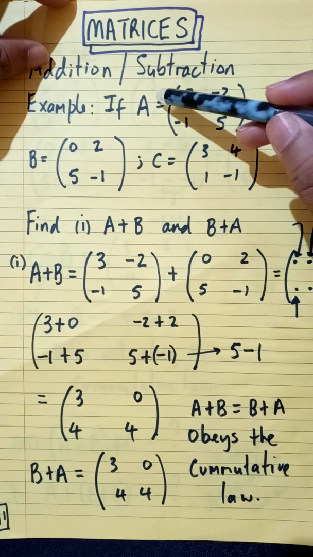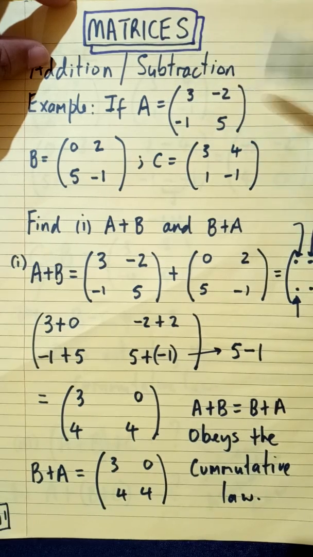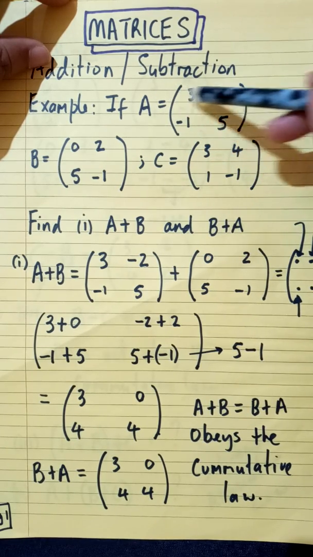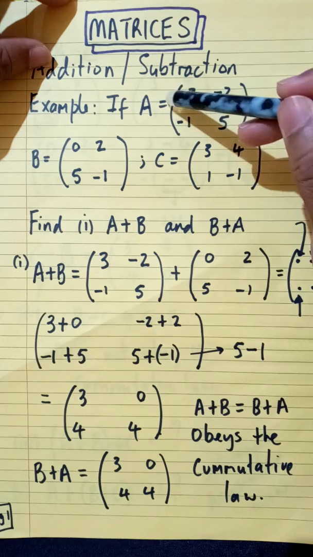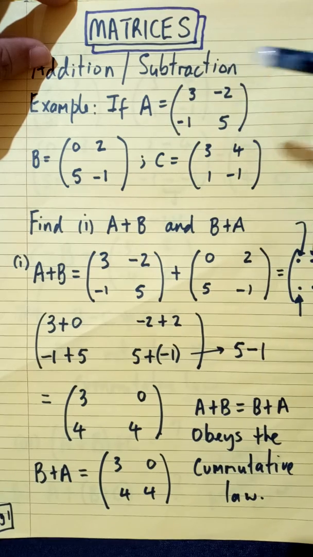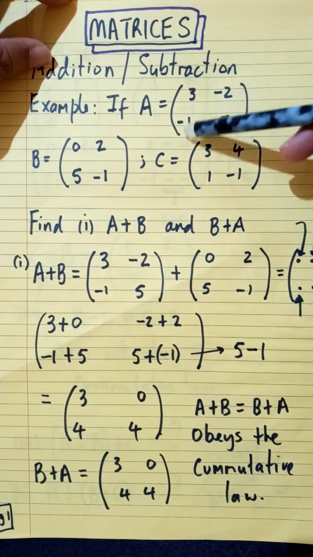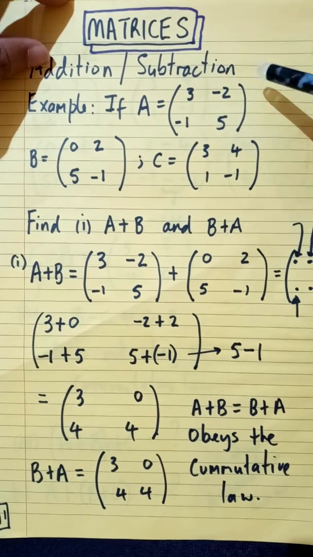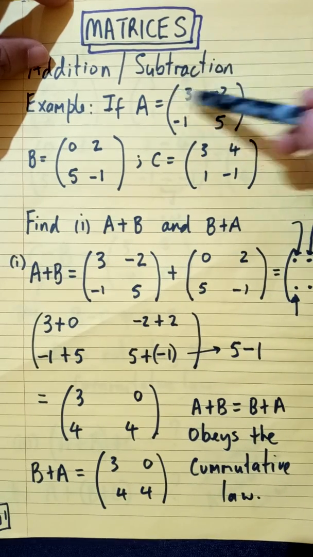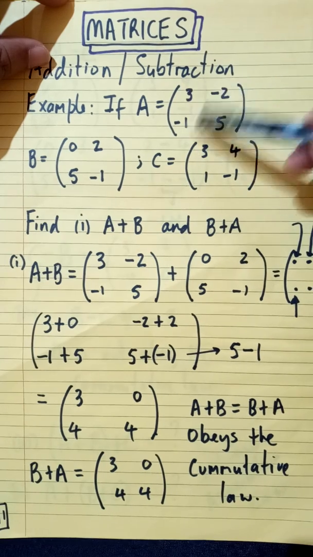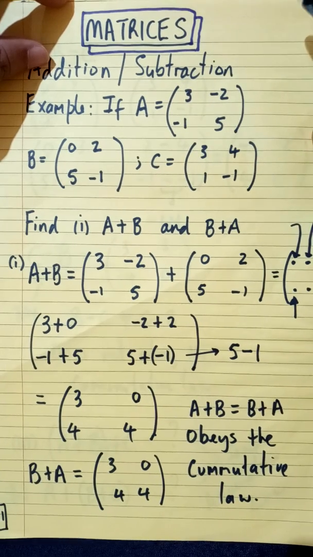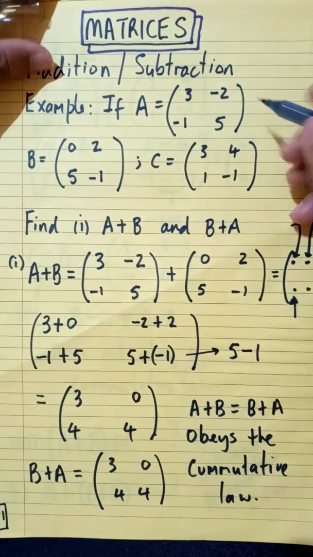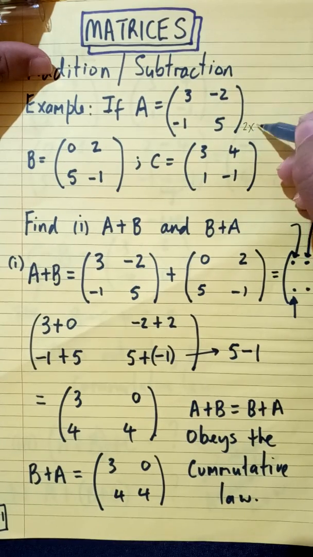If we go across here, we call these rows. So this is row 1, row 2. Coming down here we have column 1, column 2. So this matrix has 2 rows and 2 columns. We call that a 2 by 2 matrix.